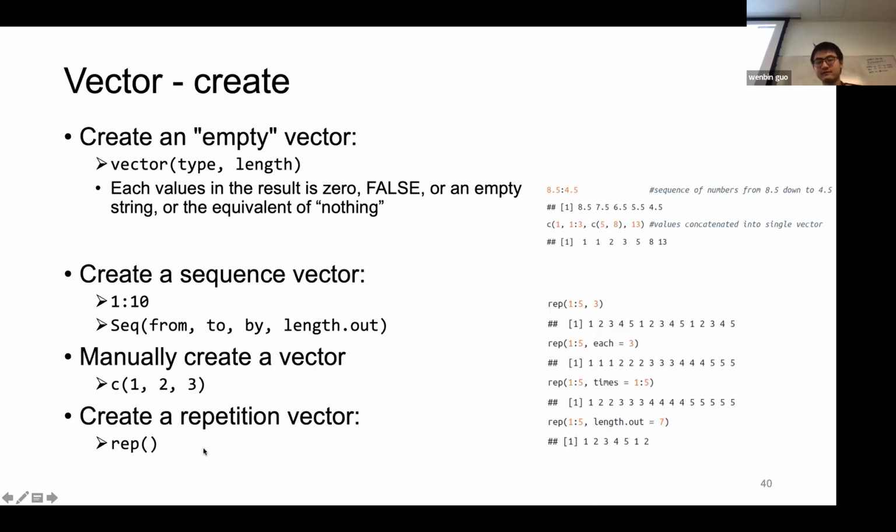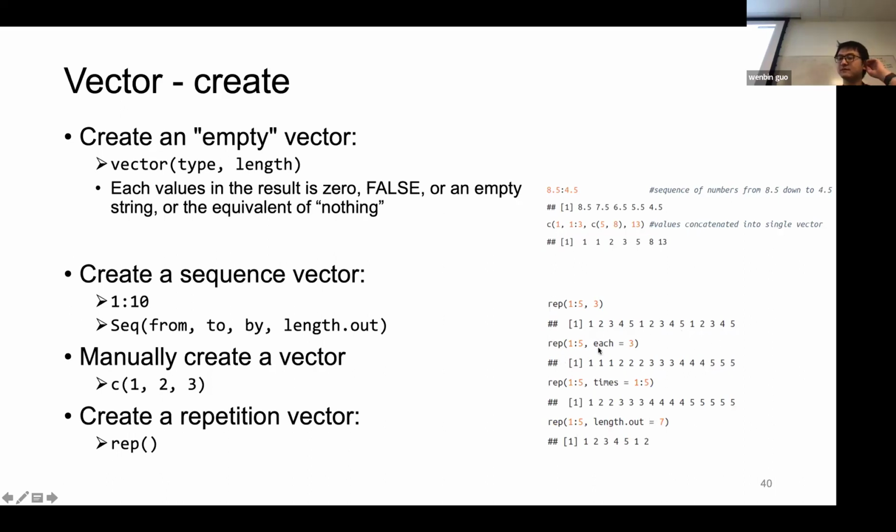The first argument put in rep can be either a single value or a vector. The next one is how many times you want to repeat. For example, here I put the 1 to 5 vector, and then a 3, which means it will give you a final vector that has 1 to 5 repeated 3 times.